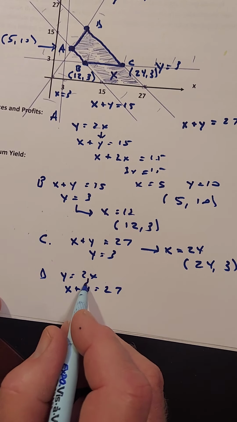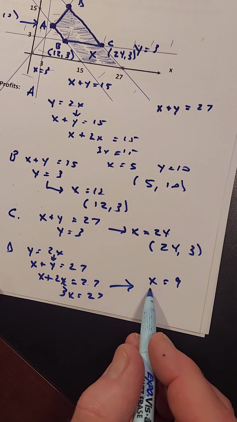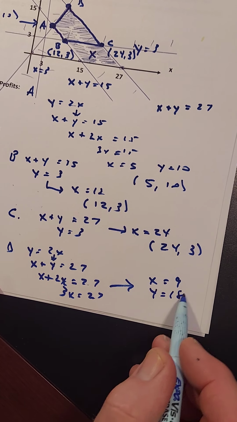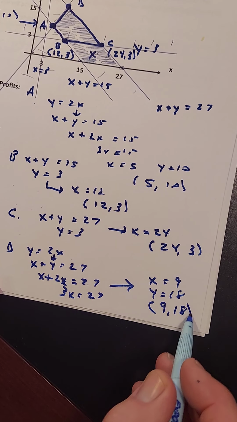I'd put the 2x in here, so you got x plus 2x equals 27. 3x equals 27. So x equals 9. And if they add up to 27, then y has to be 18. So that's the point (9, 18).